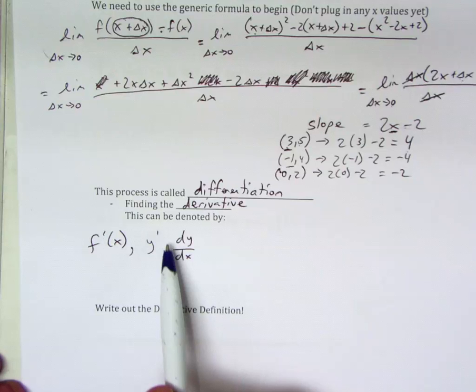So the definition of derivative, because I know you guys know some shortcuts in physics, but the definition of derivative, which you are required to know, is this. If you want to find the derivative of a function, meaning the expression that will find slopes of tangent lines, you take the limit as delta x approaches 0 of f of x plus delta x minus f of x, over delta x.